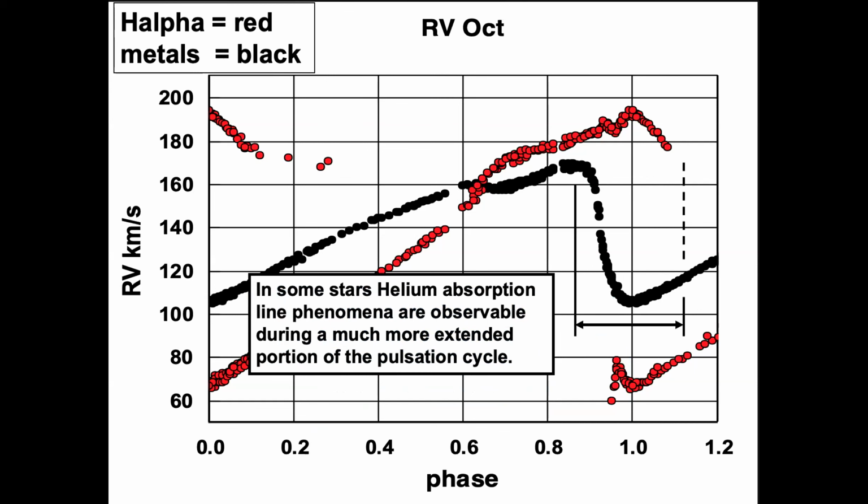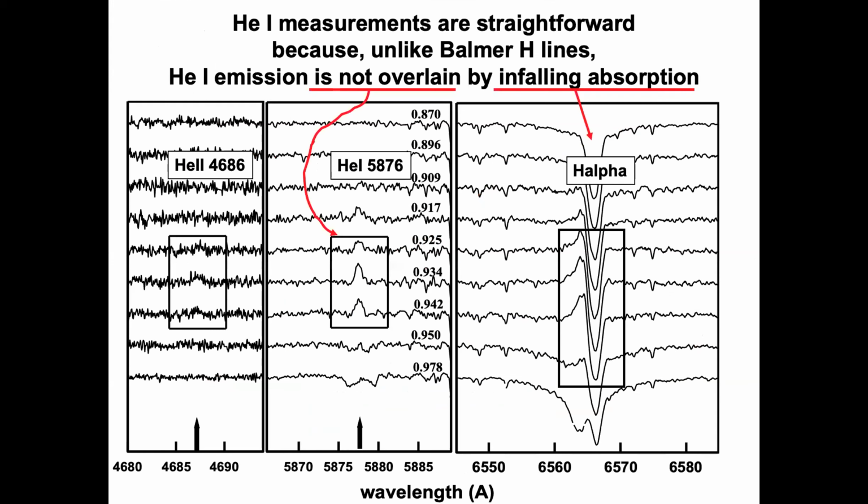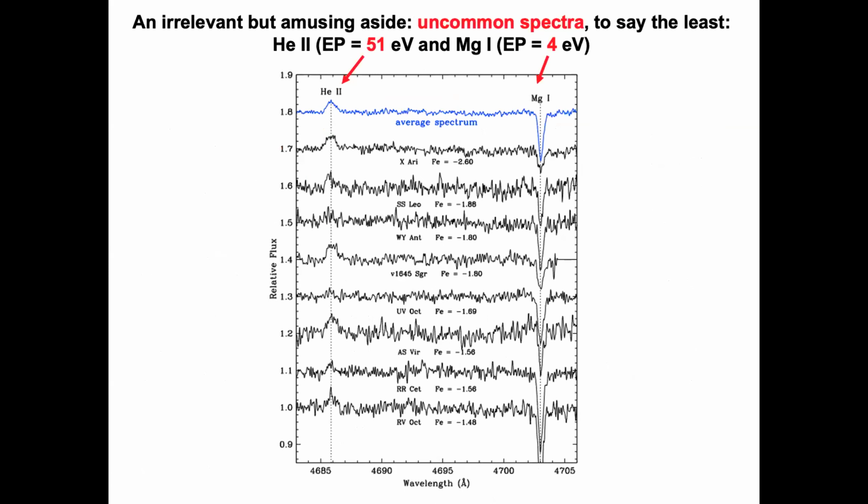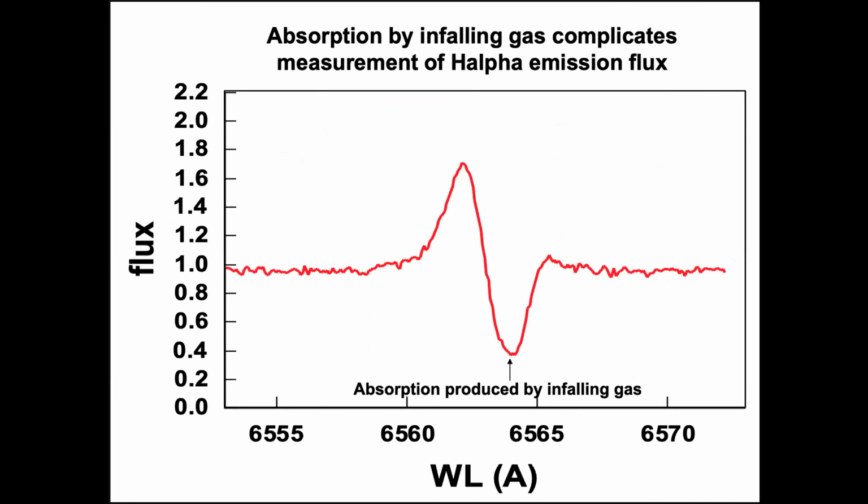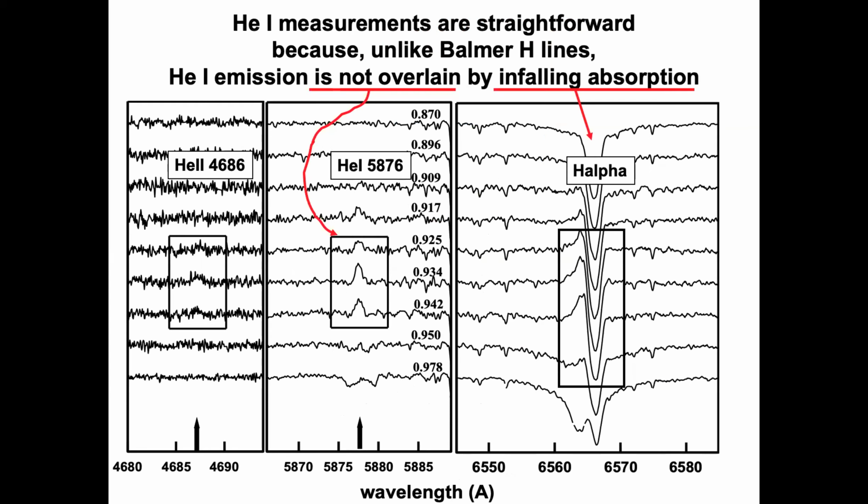Okay. Now, the helium measurements are straightforward. It's a weaker line, and it wasn't known for a long time that it was there. But unlike the Balmer lines, the helium emission is not overlain by infalling absorption.